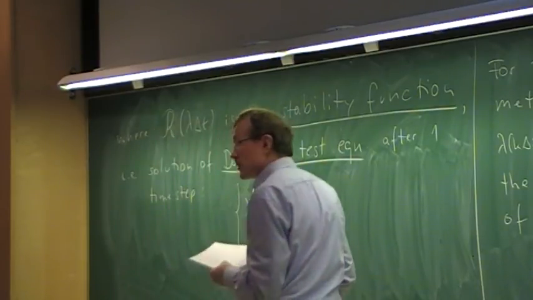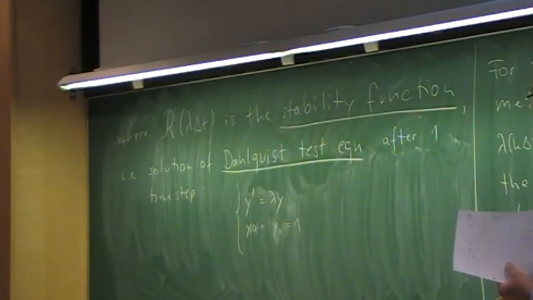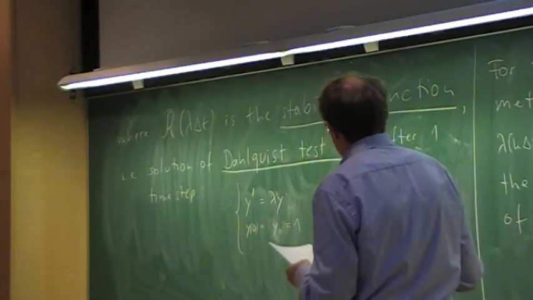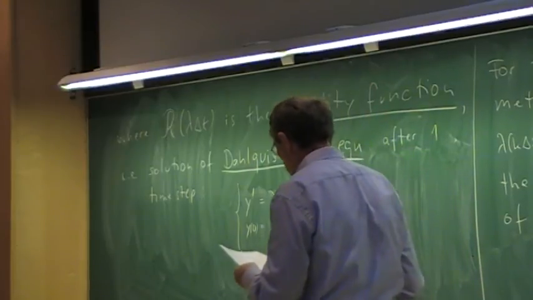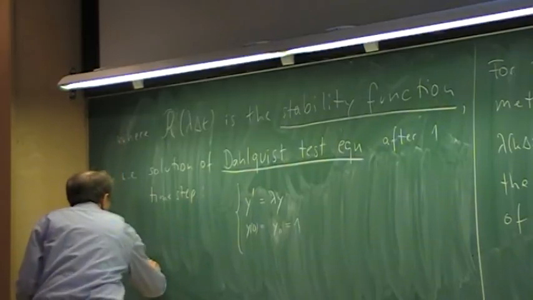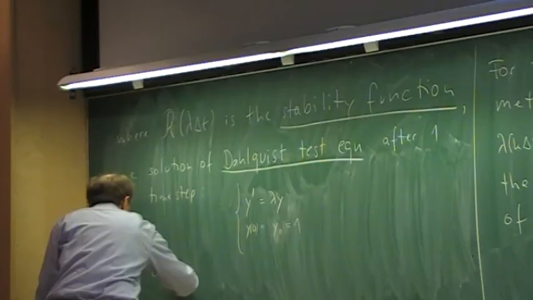It is extremely simple. It is the basis for this analysis of ODE methods. And when we work with that, we assume that the z we are working with corresponds to lambda delta t.